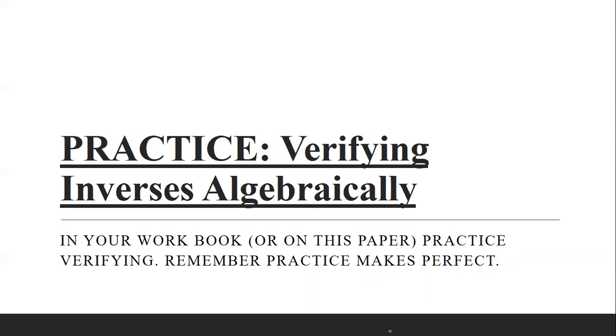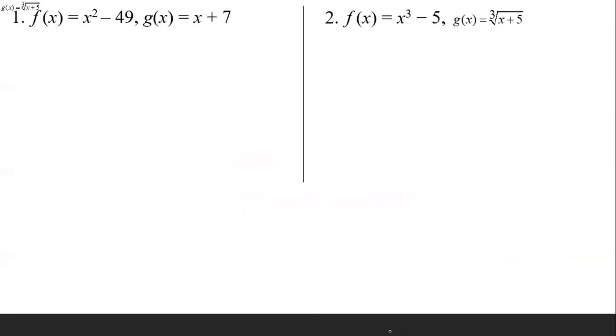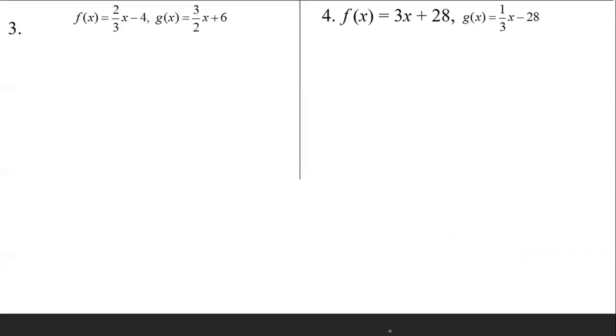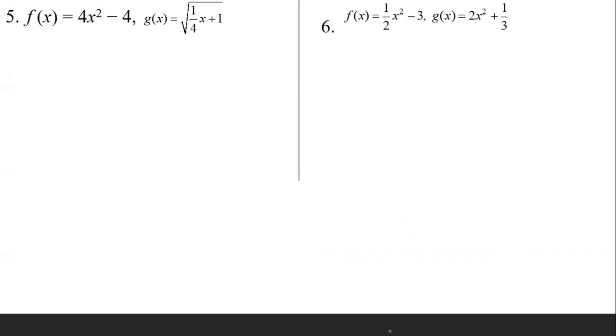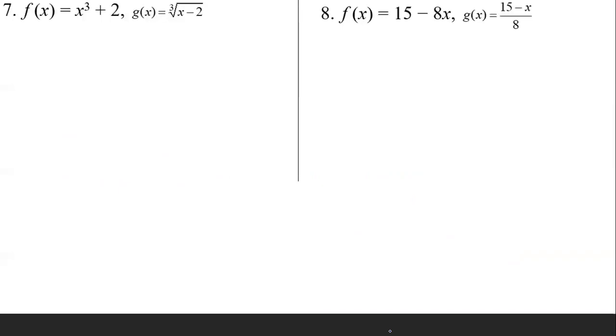Remember, practice makes perfect. This is strictly practice. It is not a credit. It is not a grade. It's just that if you want to practice the skill of verifying and composing, here are 8 practice problems for you to do so with, okay? So again, these are just practice problems. Got it? Cool.